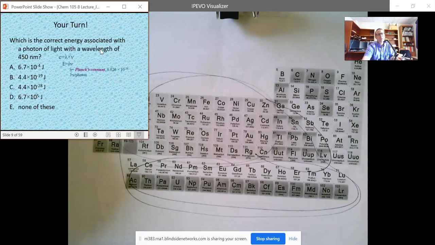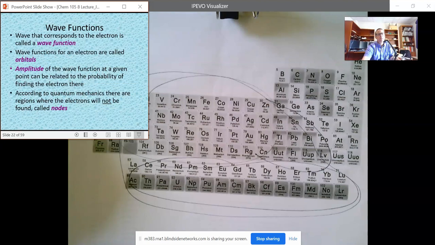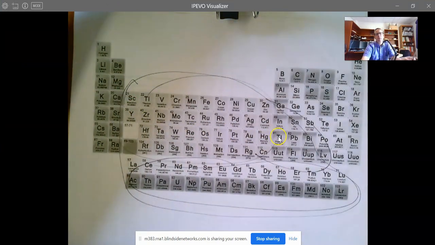Let's move along here. Let's do one more. I'm going to send you guys into a breakout group because we need to have an experience where we work on an element way down here, like thallium. Okay?